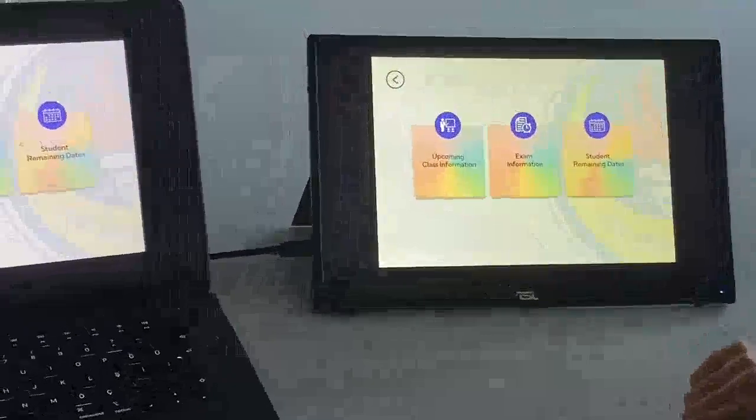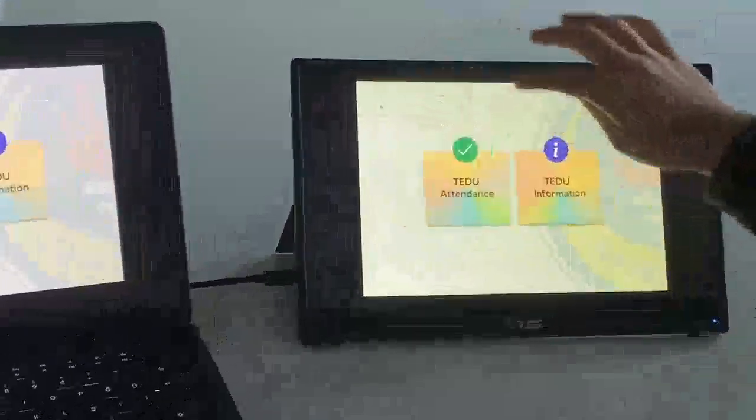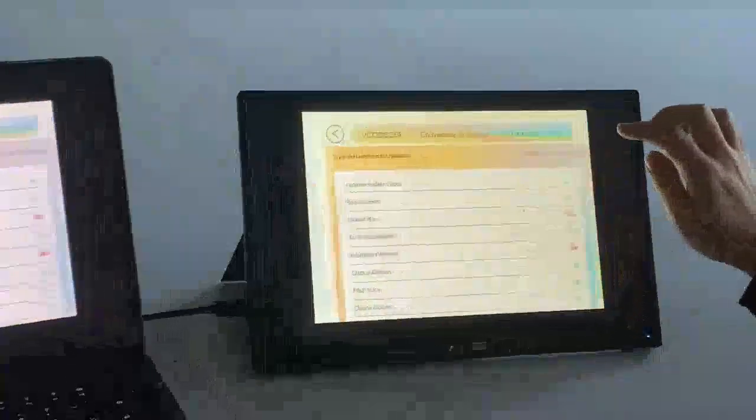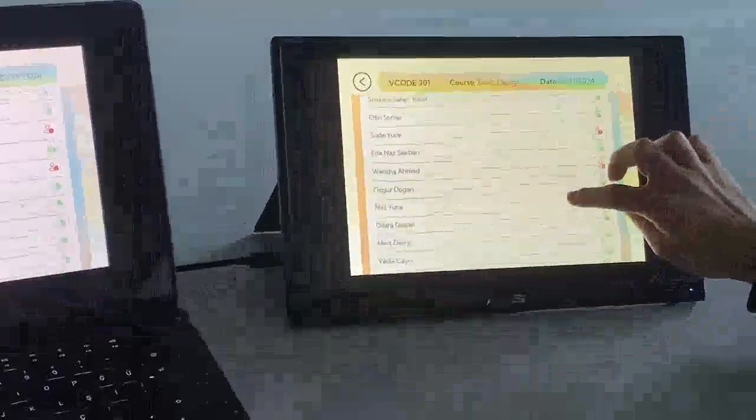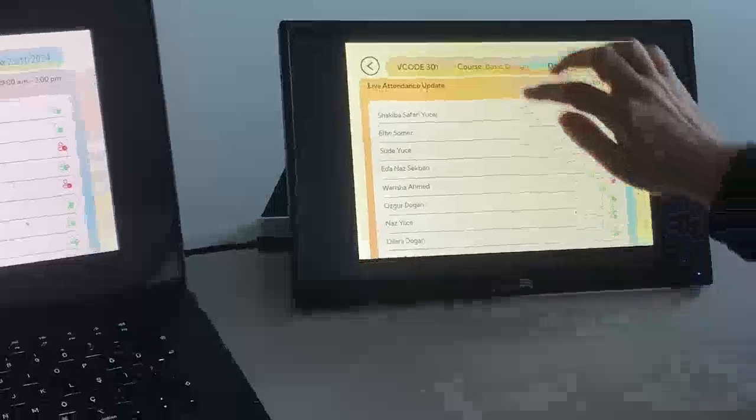Is it confusing, Hoca? This, what about this? Which part of it is unclear for you?